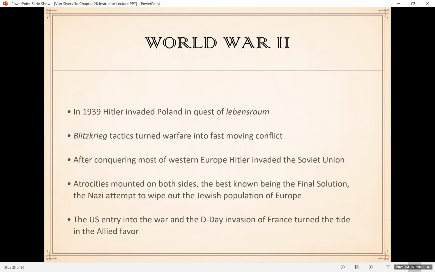And had they concentrated on turning right, going south, and getting to the oil fields of Iran and Iraq, World War II would have come out very differently. But they didn't. They concentrated on taking the city of Stalingrad. And it was a horrible, bloody 2-year fight. The stories of Stalingrad are numerous and really horrific.